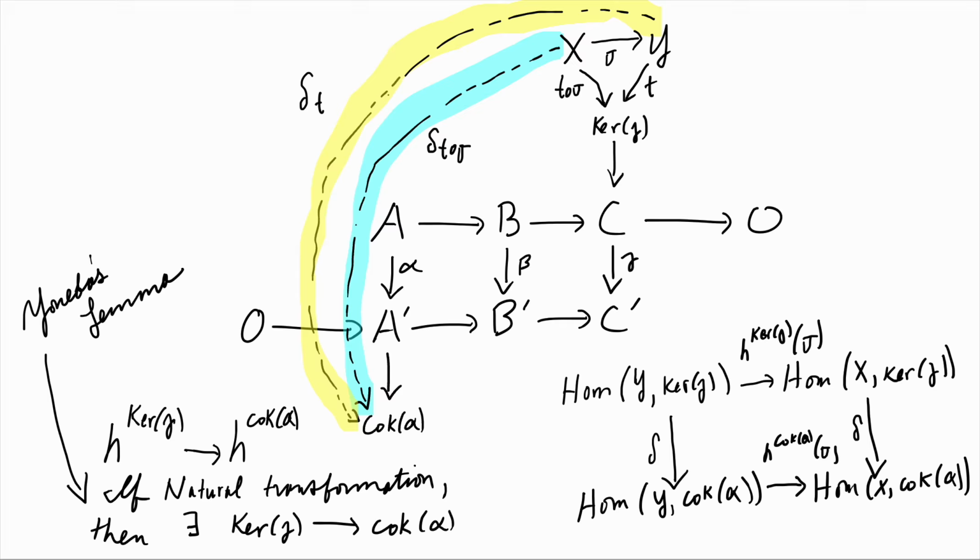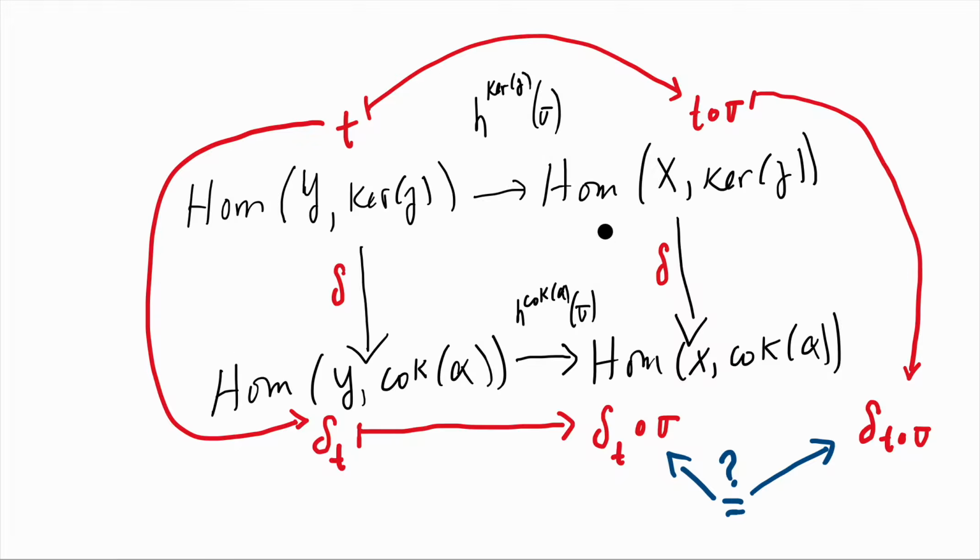We're kind of thinking about this diagram with Homs, where we're taking the Hom of the kernel of gamma and sigma, which is just pre-composition. And to check for naturality, you can look at this diagram, but essentially what we're trying to do is show that these two morphisms are the same.